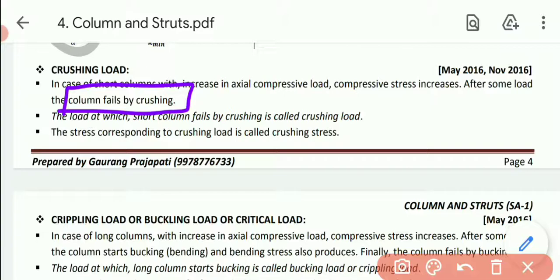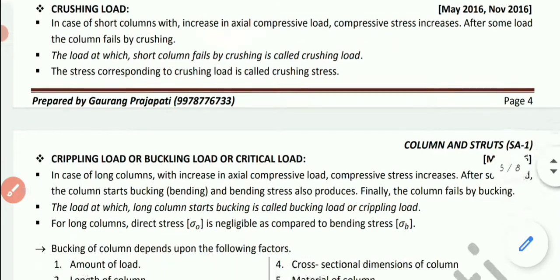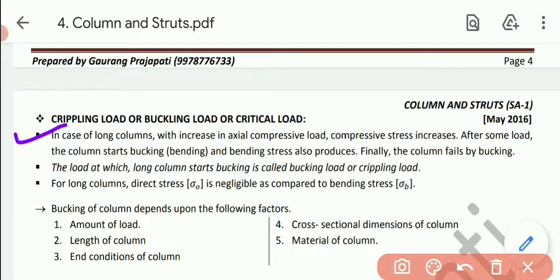The load at which the column fails is known as the crushing load, and the stress corresponding to the crushing load is known as crushing stress. So crushing load happens in the short column, meaning the column fails directly after applying the maximum load, while in the case of crippling, or we can say buckling or critical load, usually it is known as buckling load.